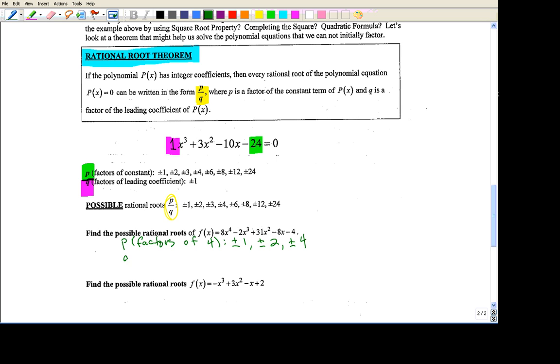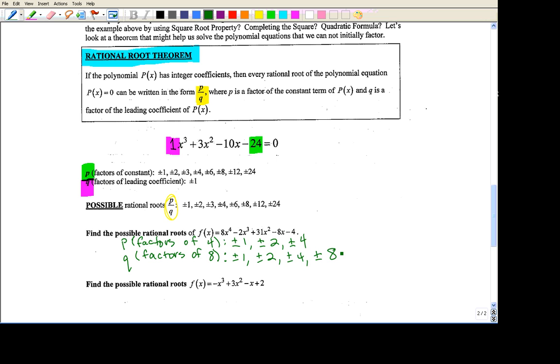For q, here we're looking for the factors of our leading coefficient, which in this case is 8. So factors of 8, we could get 1, it's divisible by 2, it's divisible by 4, and then of course it's divisible by itself.